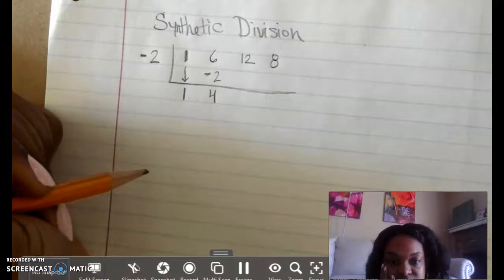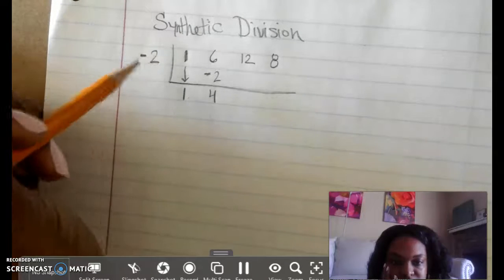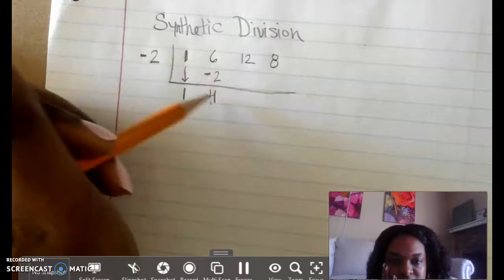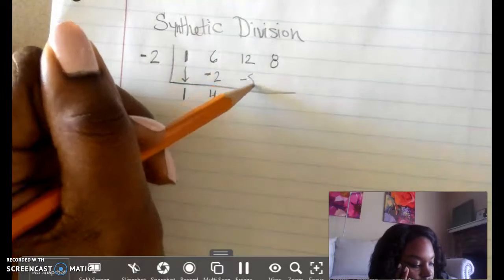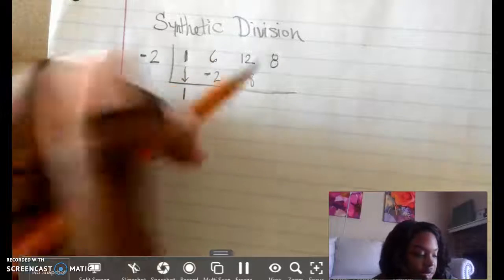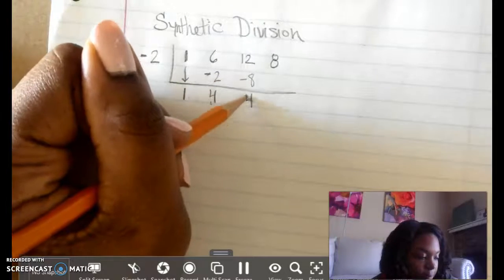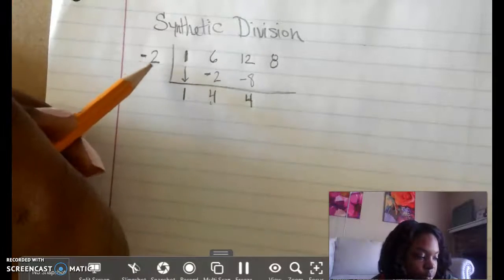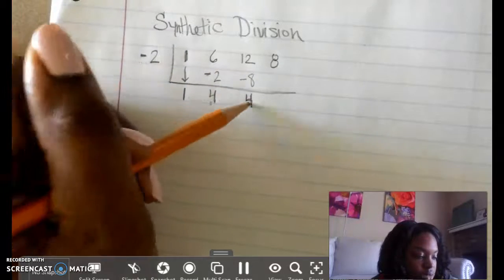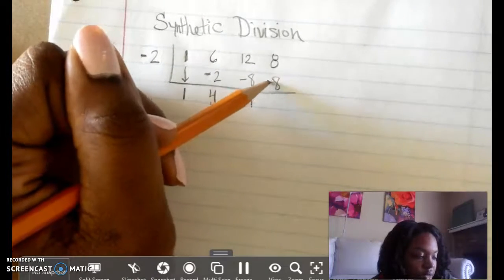Then we start over with multiplication. So the number here on the left, negative 2, we multiply by the new number on the bottom. Negative 2 times 4 is negative 8. Then we add this 12 and negative 8 to give us another 4. Again, we multiply the number here times the new number on the bottom. Negative 2 times 4, which is negative 8.